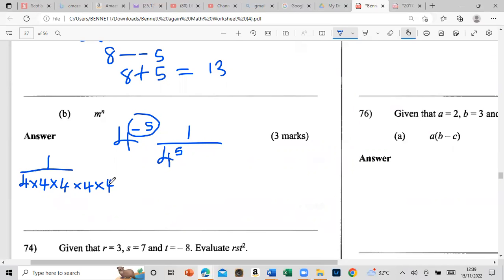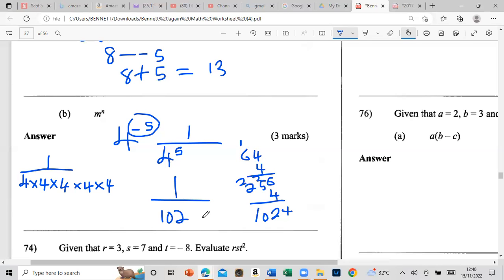Then 64 times 4 is 256. And the last time again by 4, we get 1024. Yeah, I did this in our class the other day. It's 1 over 1024.